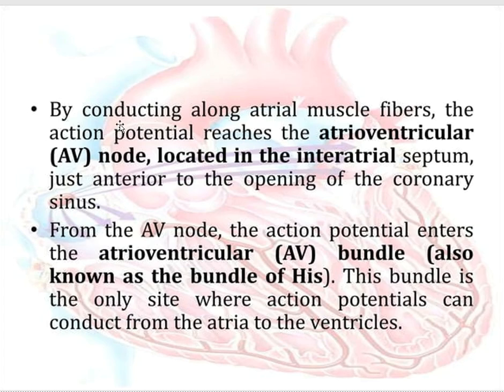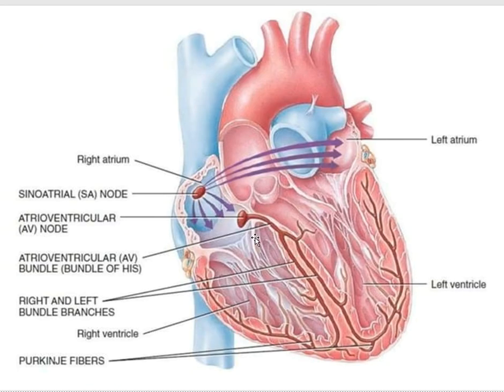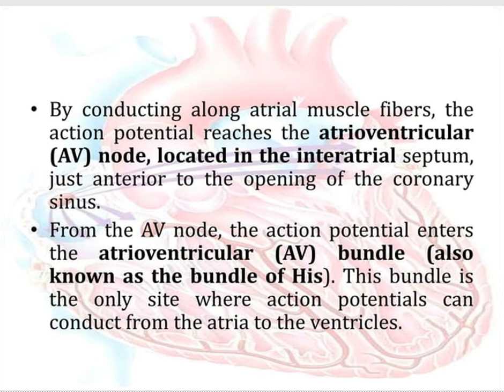Okay, so the next slide says that by conducting along the atrial muscle fibers, the action potential reaches the atrioventricular node located in the interatrial septum, which divides the two atria. From the AV node, the action potential enters the bundle of His, where the action potential conducts from the atria to the ventricles.